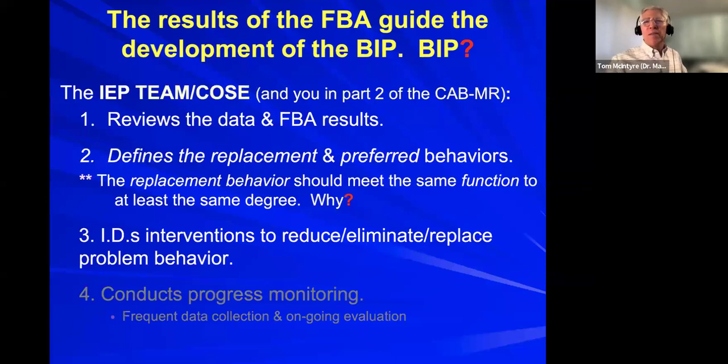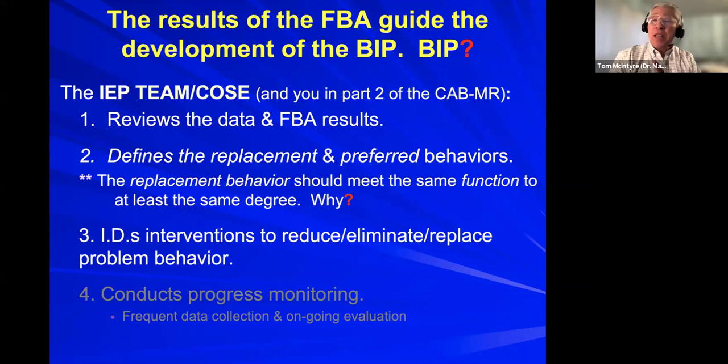BIP standing for behavior intervention plan, in which the IEP team looks at the data that's been collected, the functional behavior assessment results, and then defines in precise, observable, measurable terms what the replacement behavior is. What is the preferred behavior we'd like to see under that set of circumstances?